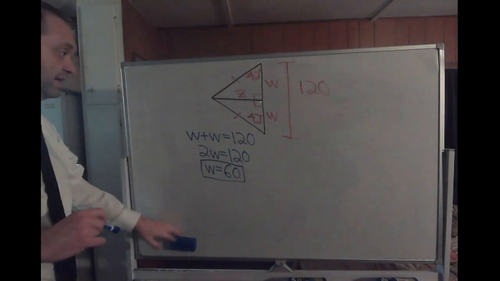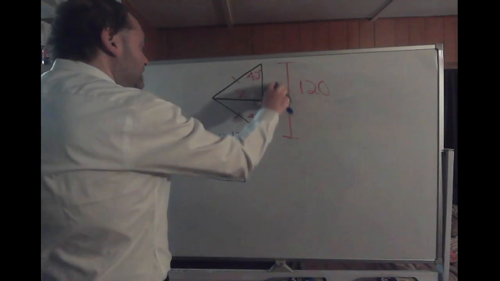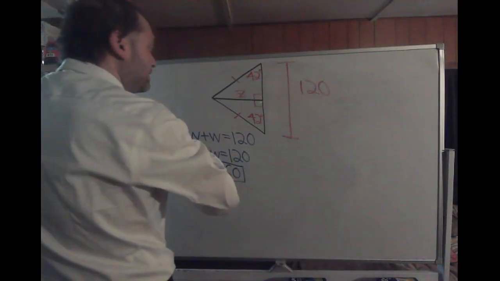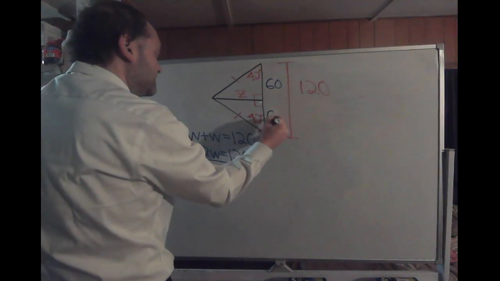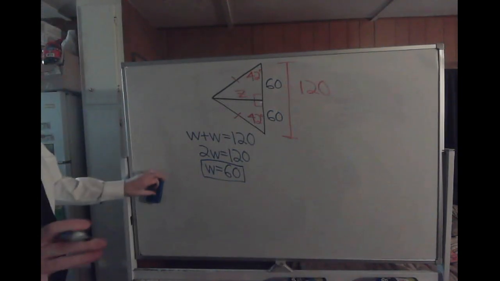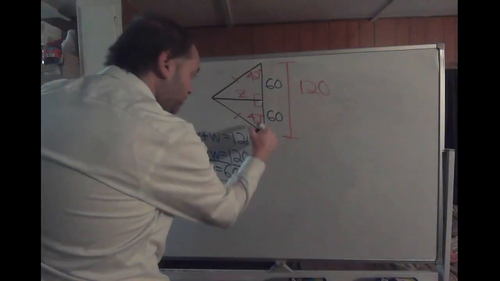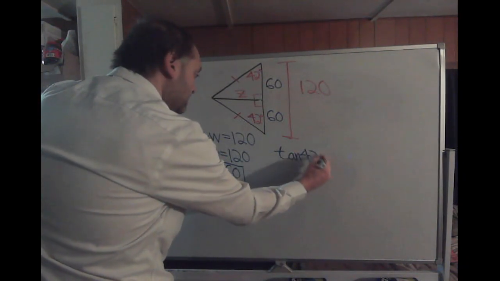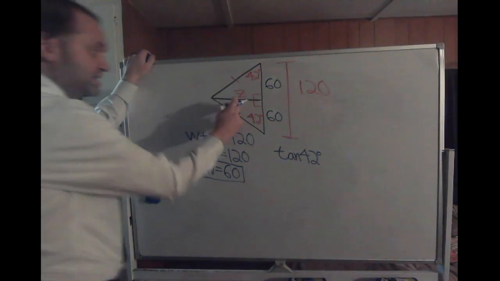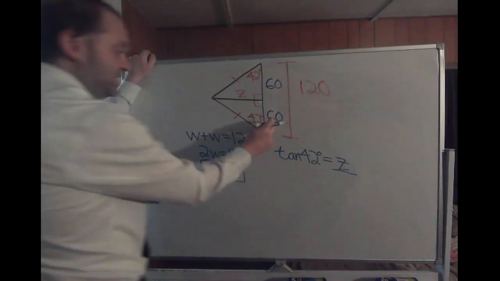Now let's look at Z. In fact, I'm going to put this in here. Since we just found W, the length of each of these is now 60. We can readily solve for Z. If we take the tangent of 42 degrees, that's equal to the opposite leg, which is Z, over the adjacent side, which is 60.